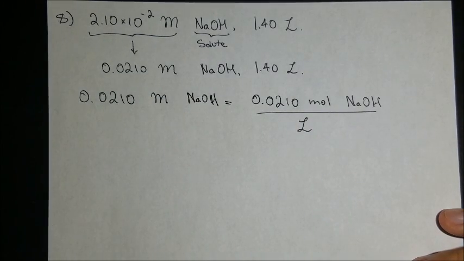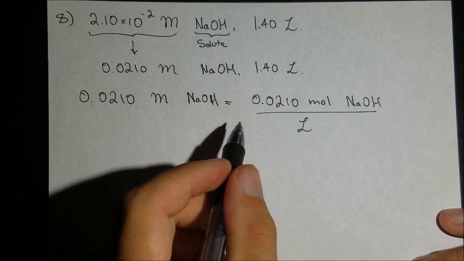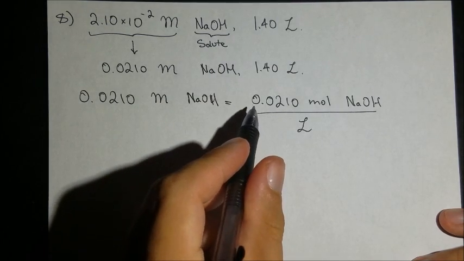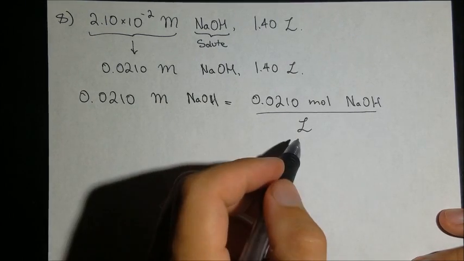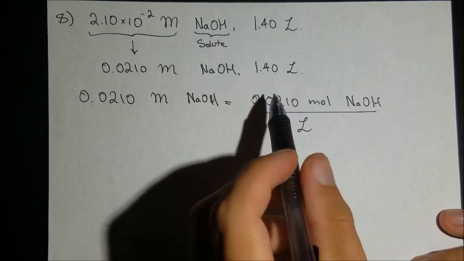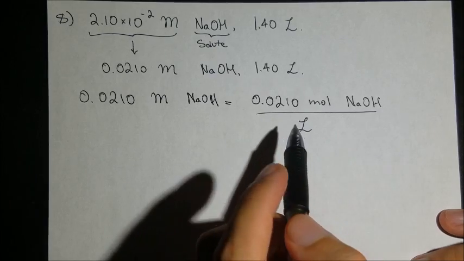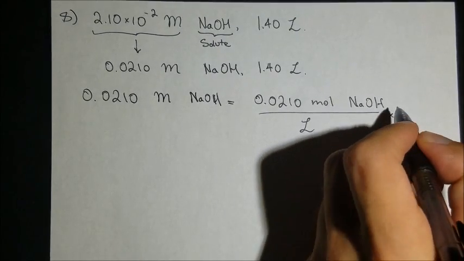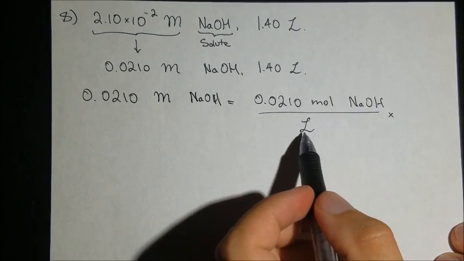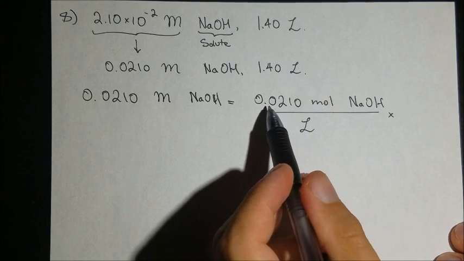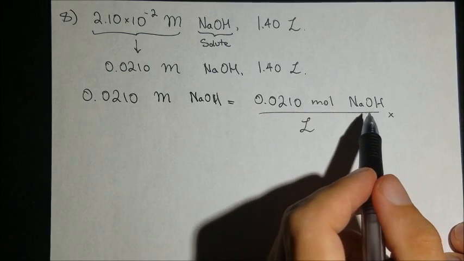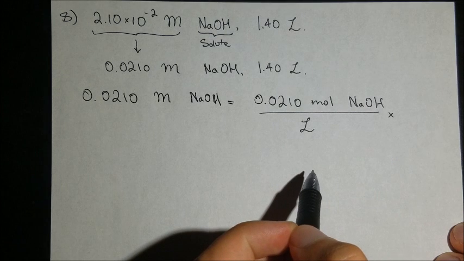Okay? And now that we have a moles per liter expression, and we know the volume of the solution we want to make, and that's in liters, then what we can say is just a liter is going to require 0.021 moles of sodium hydroxide. That's what the molarity tells me.